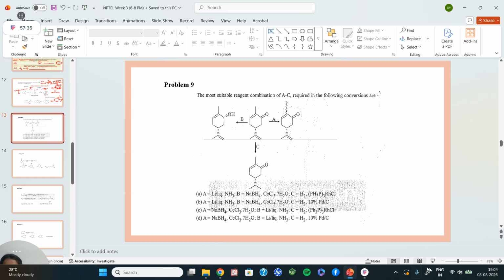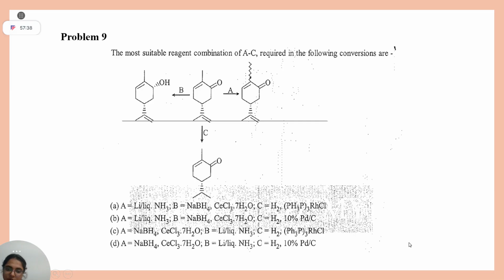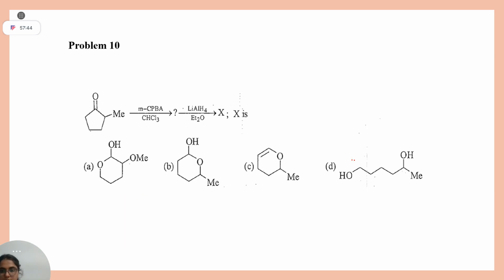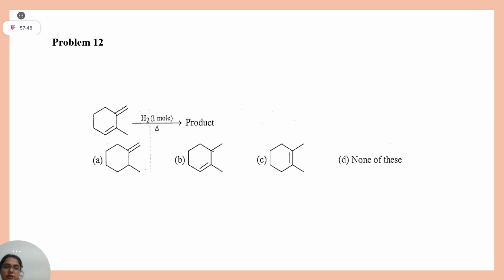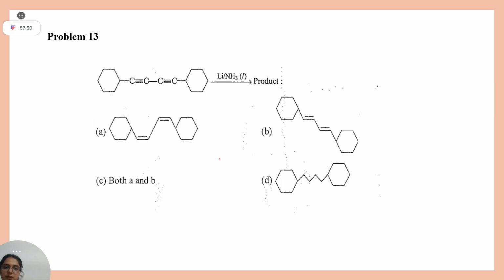Okay, I have to write the options here as they got erased. So for this, option number A is correct. For this, option number D is correct. For this, option number A is correct. For this, B is correct.